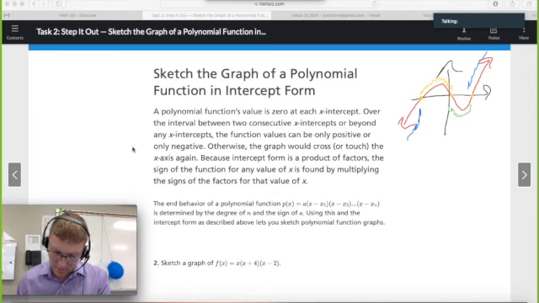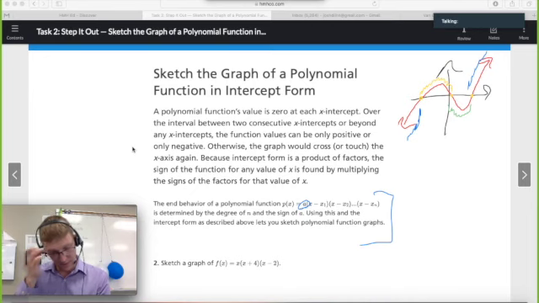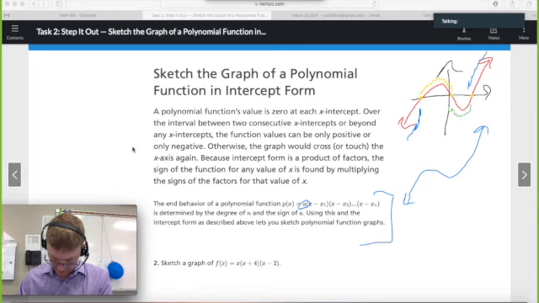And then this end part right here, the end behavior of a polynomial function, can be figured out by looking at a, basically the sign of a, and then remembering that your odd degree polynomials look something like that, and then your even polynomials would look something like that.